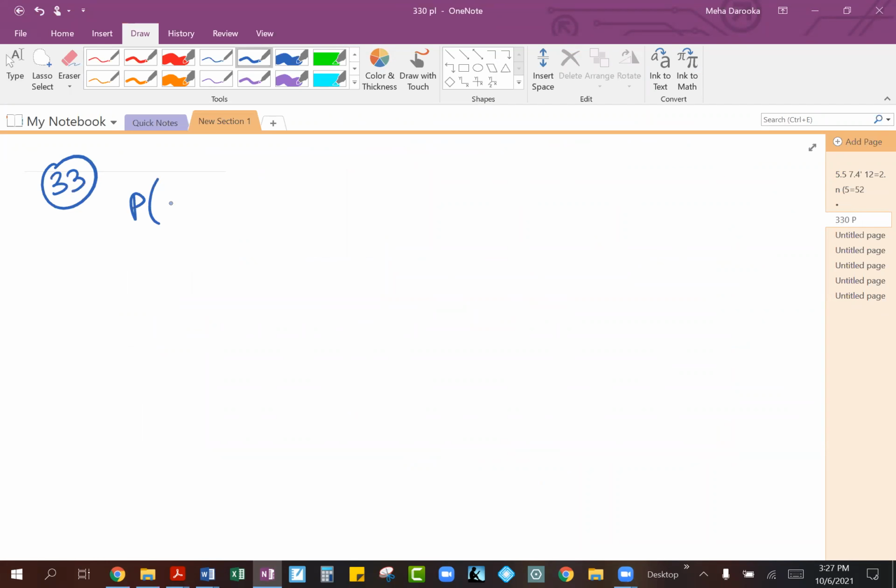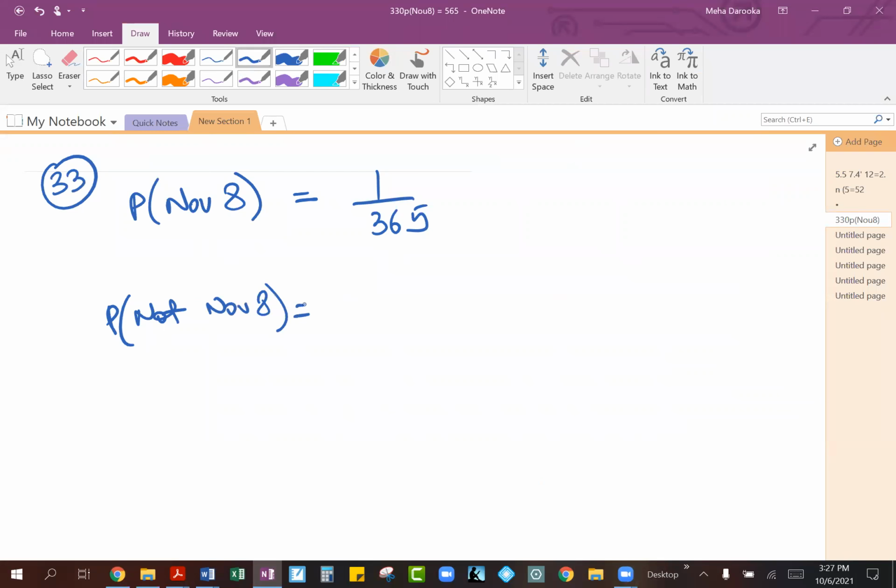So the probability that the person could have their birthday on November 8th is 1 out of 365. So if we had to find the probability of not having a birthday on November 8th, this is where you want to use that complementary rule. So 1 minus 1 out of 365.